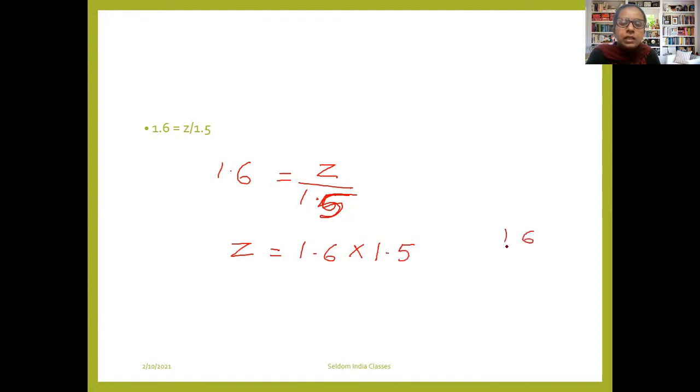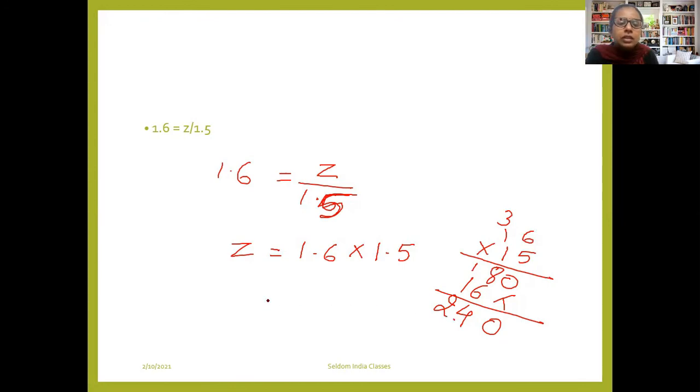Performing the multiplication, and the decimal point goes after two digits. So z equals 2.4.